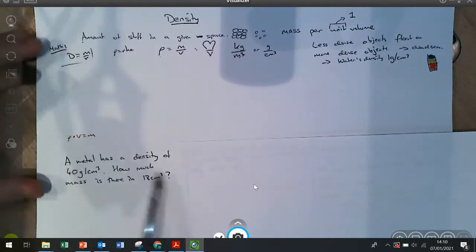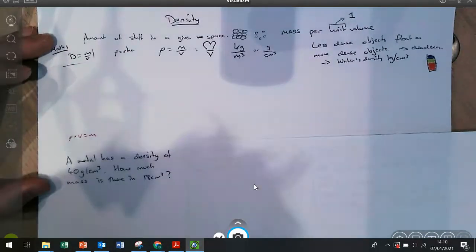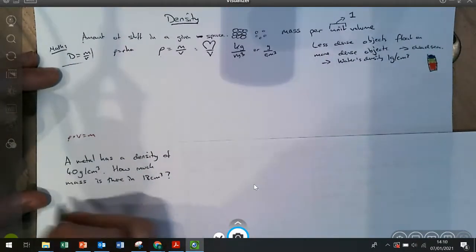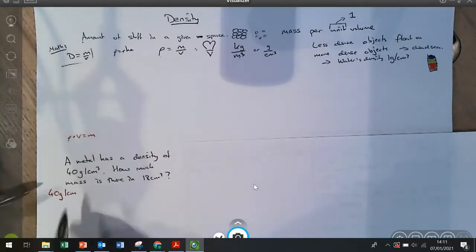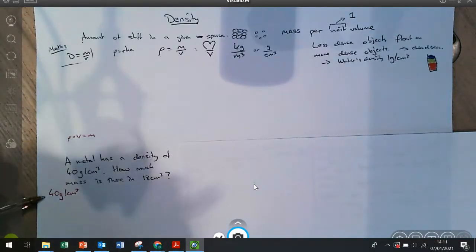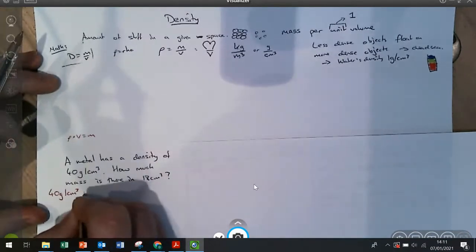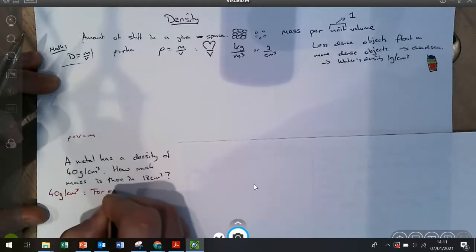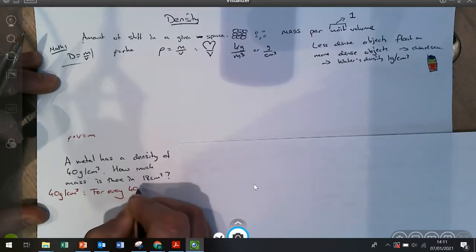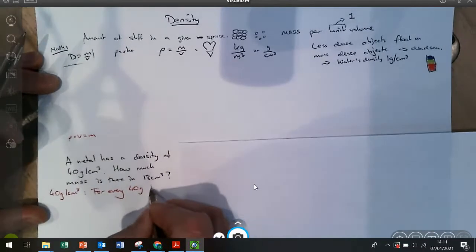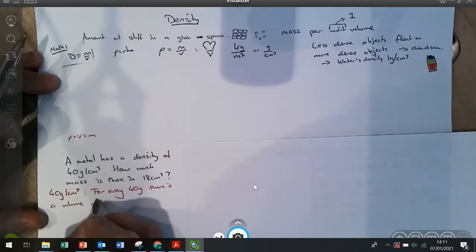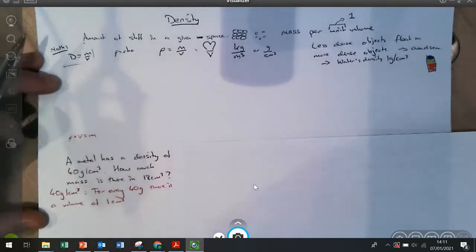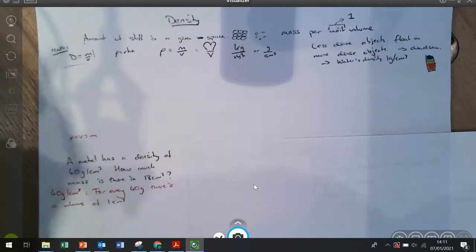So maybe we can approach this in a way that doesn't actually require any maths. If we can get students to be really clear what density is and what it means, if we can get them to realize that 40 grams per centimeter cubed means that for every 40 grams there is a volume of 1 centimeter cubed, we can get the answer without any maths at all.